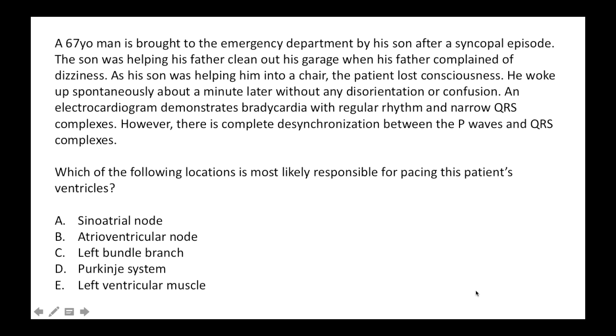And last question here. A 67-year-old man is brought to the emergency department by his son after a syncopal episode. The son was helping his father clean out his garage when his father complained of dizziness. As his son was helping him into a chair, the patient lost consciousness.